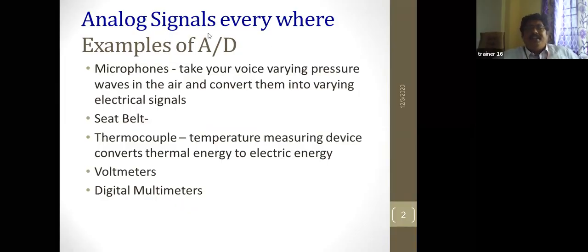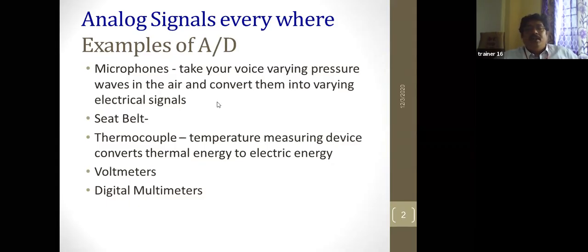See here, in these analog signals, examples and applications, many more. See here, microphones. All of you see. Now take your voice: varying pressure waves in the air are converted into varying electrical signals.